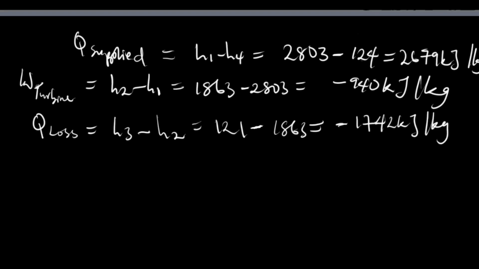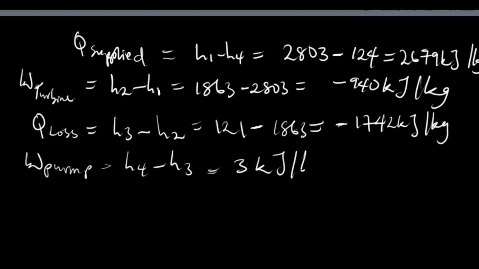Now the next on the line is the pump work. Our pump work, remember, is H4 minus H3, which gives us 3 kilojoules per kilogram. As usual, we can cross-check the net work to know if it's the same.